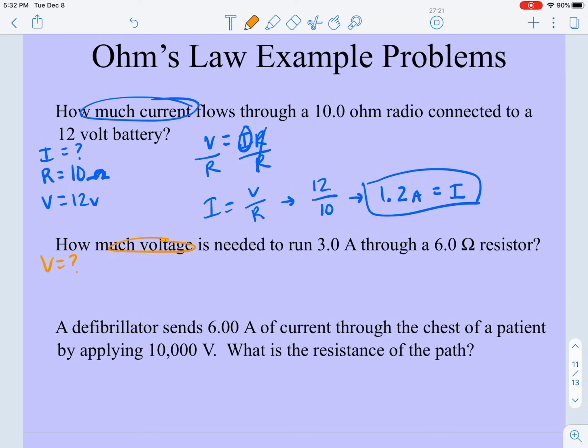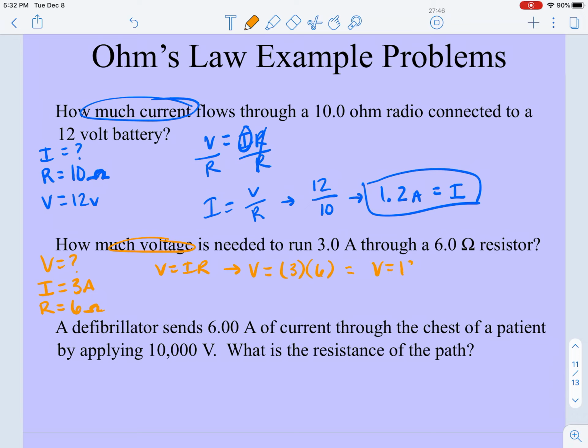All right, next question. How much voltage is needed to run 3 amps through a 6 ohm resistor? So they are asking me for voltage, so I'm solving for V. I have I equals 3 amps, and I have R equals 6 ohms. And my equation, once again, is V equals IR.